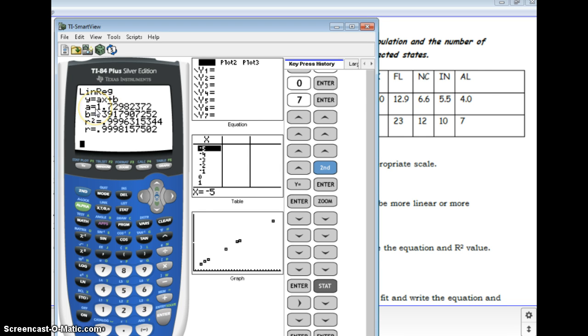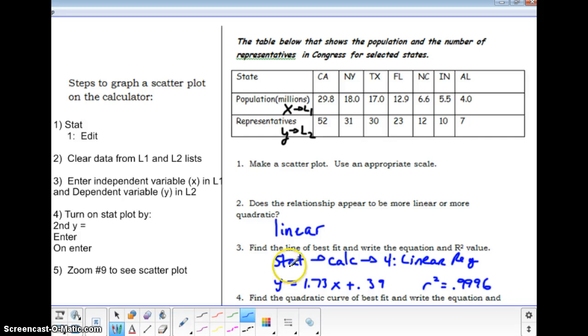So you would substitute this in for A and this in for B, and we're also going to write down our r-squared value of 0.9996. You always want to use 4 decimals when you're talking about the correlation coefficient. That's what the r-squared stands for. Okay, so I just wrote out the calculator steps here, and then here's our line that our calculator gave us, and the r-squared value.